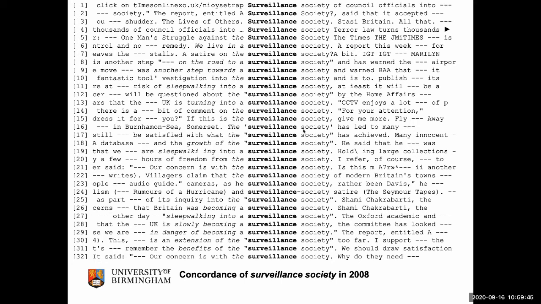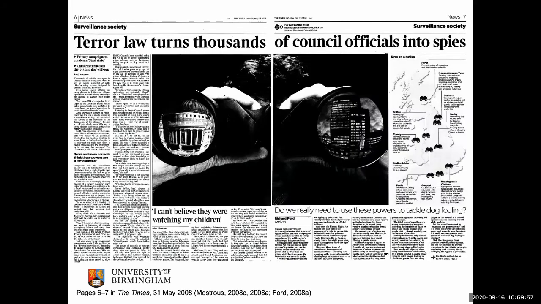And this is how we can move from the patterns in a quantitative analysis back towards the context and understanding that, and then also looking at individual articles by referring to the scans.